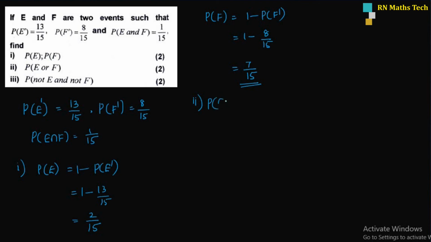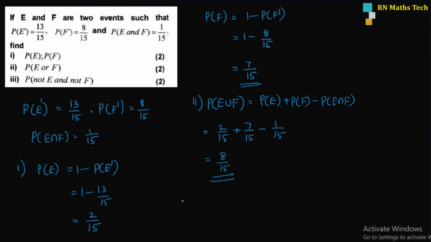P of E or F is P of E union F. P of E union F is equal to P of E plus P of F minus P of E intersection F, that's equal to P of E is 2/15 plus P of F 7/15 minus intersection is 1/15, that's equal to 8/15.